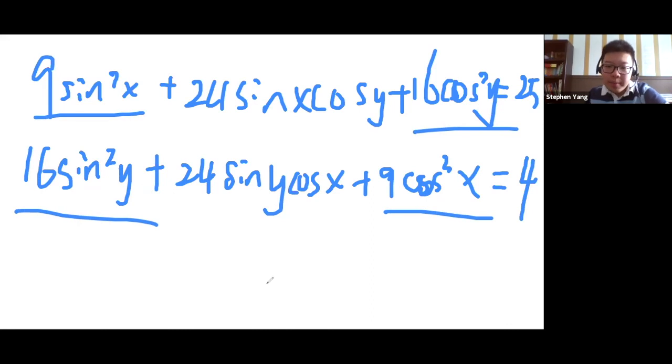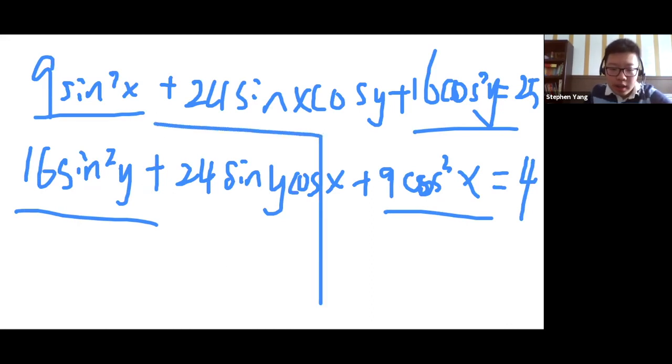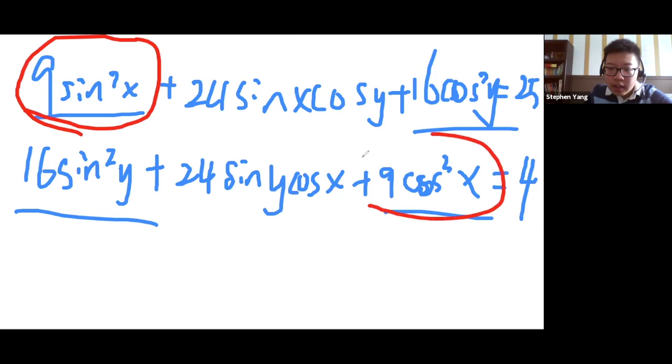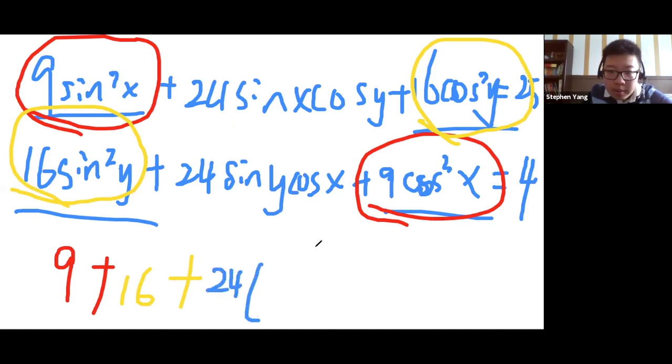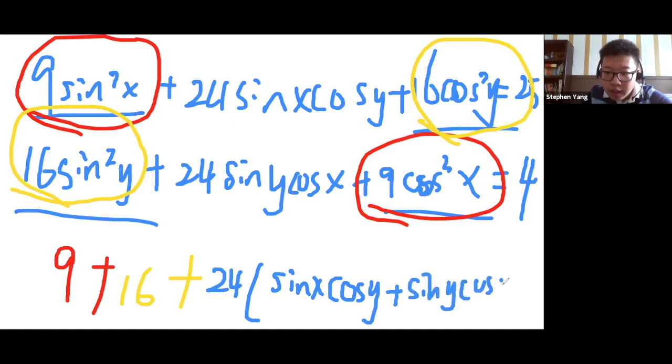So we could just add them, which means the two parts in the red circle added together give a 9, plus the two parts in the yellow circle would be 16, plus the rest would be just 24 times sine x cosine y plus sine y cosine x. That is equal to 29.